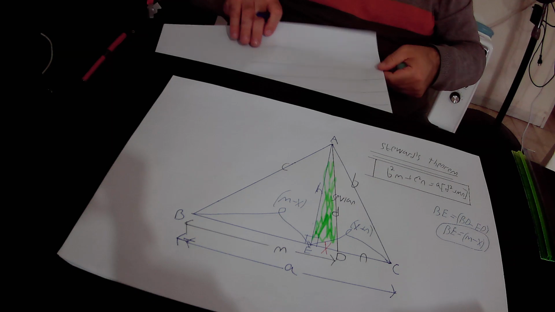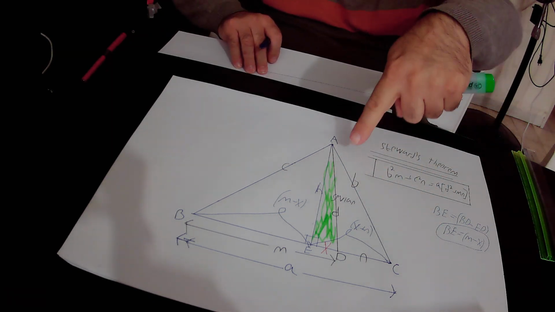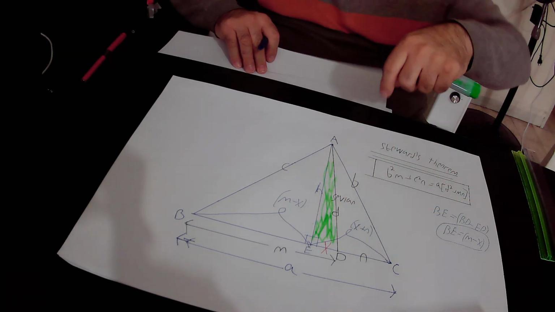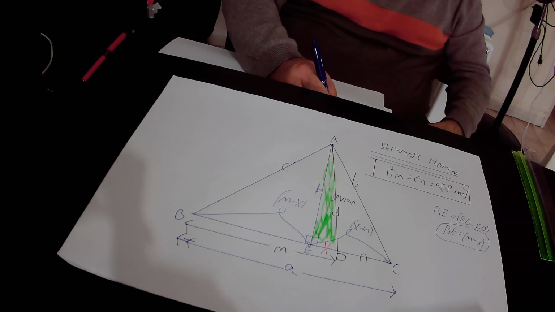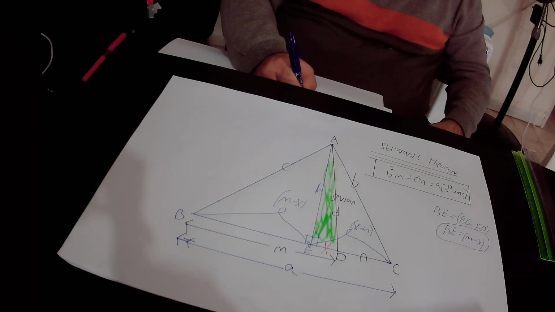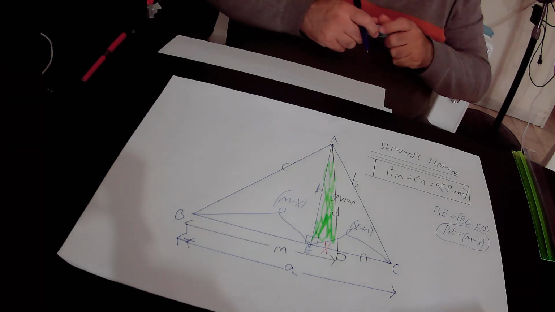In the next step, we'll focus on the right triangle AEC, and we will implement the Pythagoras theorem on this right triangle.